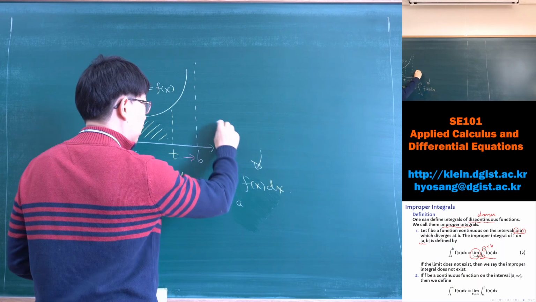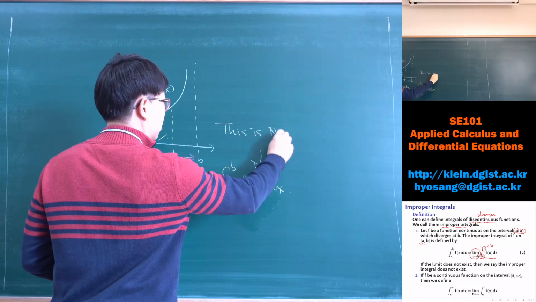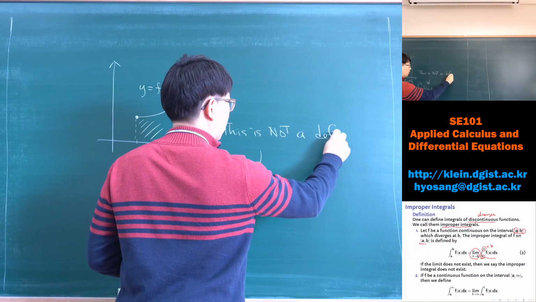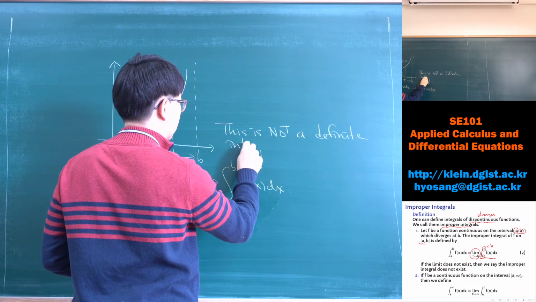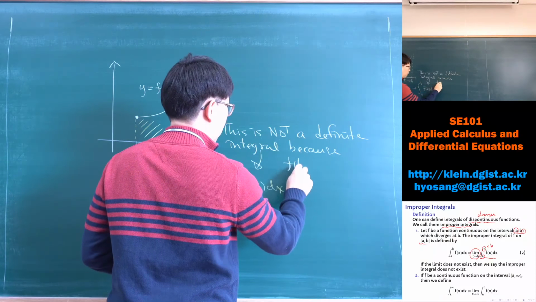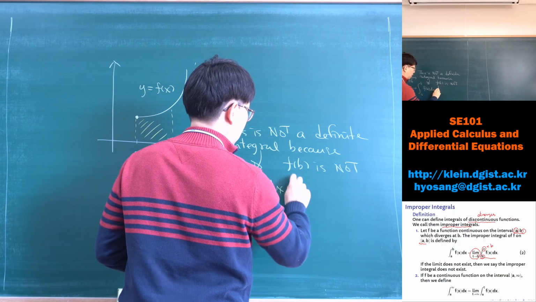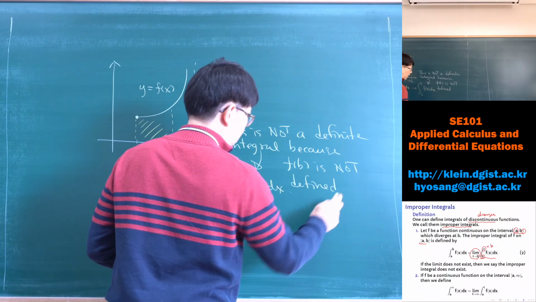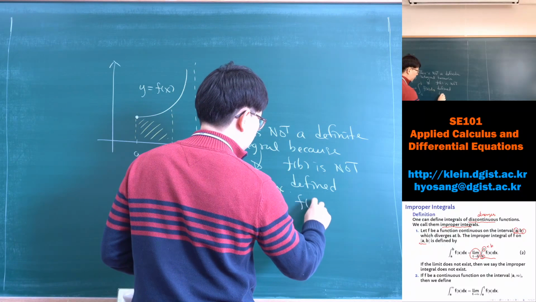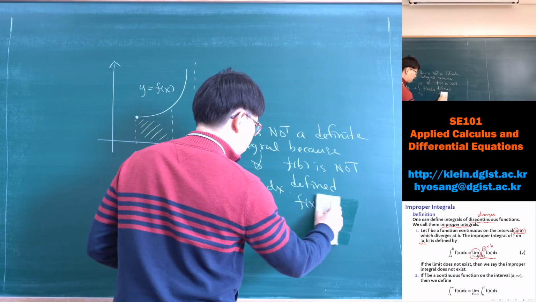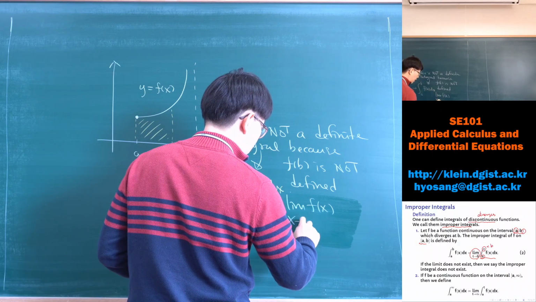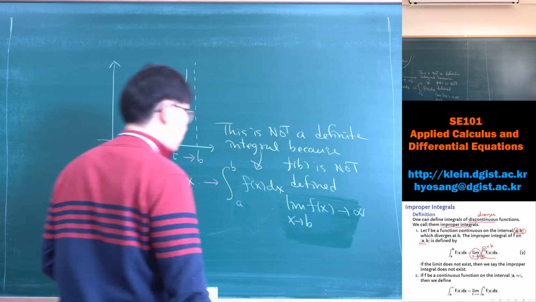So this is not a definite integral because f of b is not defined, and moreover, not just because f of b is not defined, but also because the limit of f of x diverges when x goes to b. Okay.